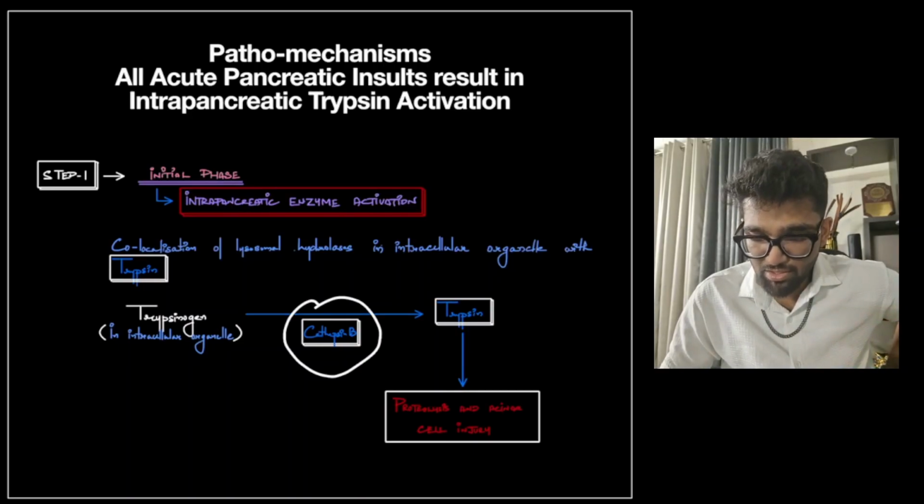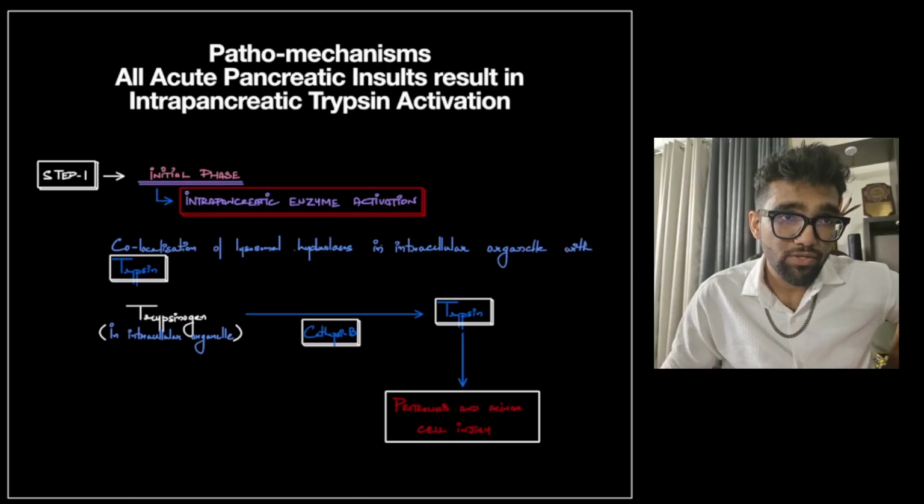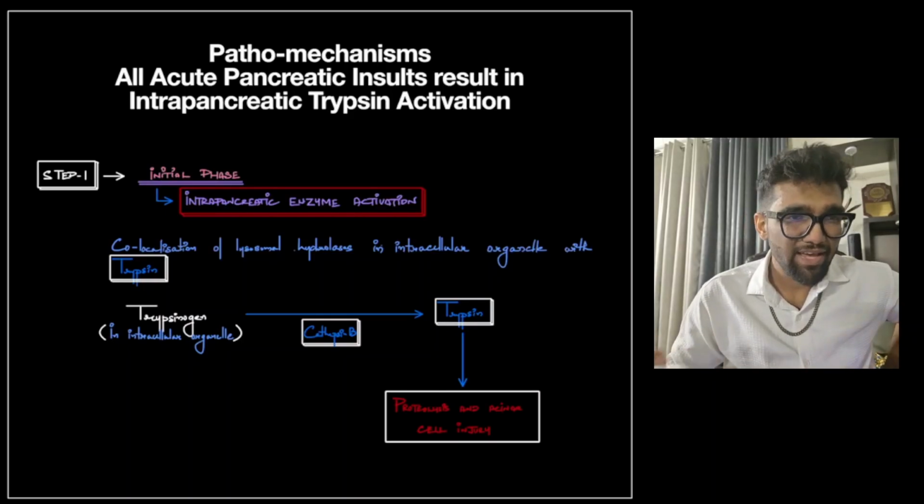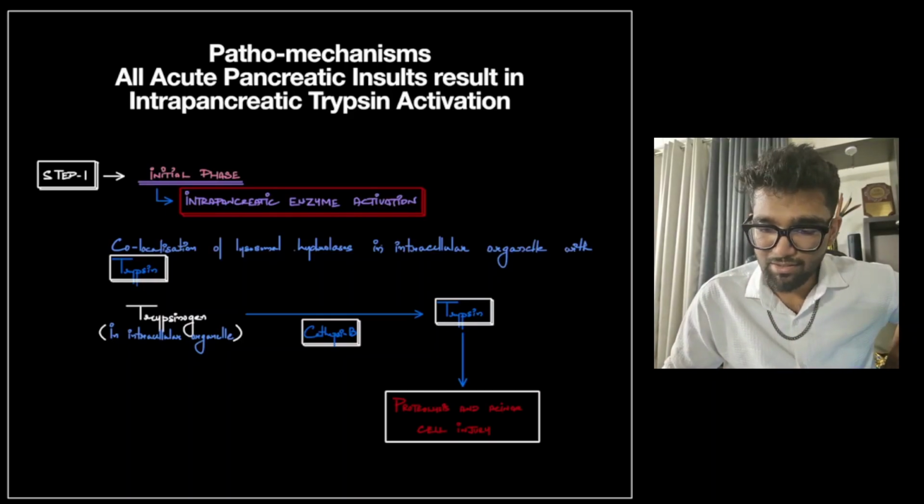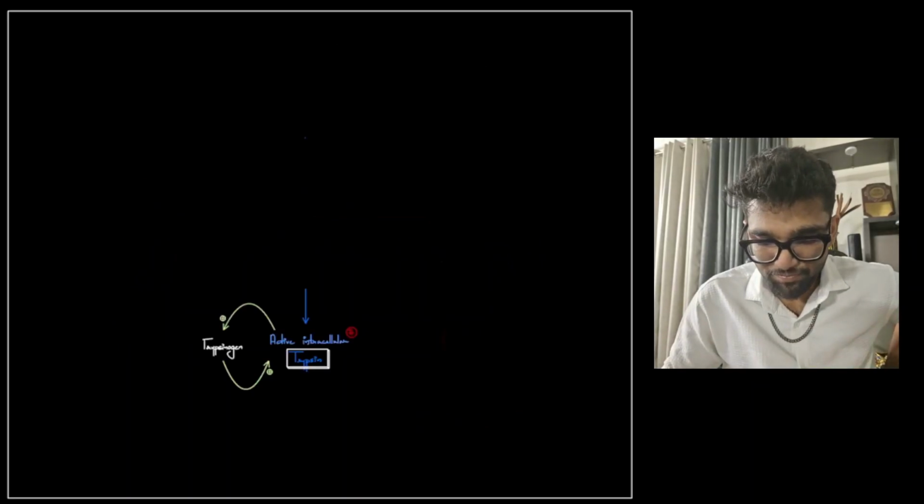So this is the common mechanism behind all sorts of acute pancreatitis, and this is why I like to think of the pancreas as essentially a powder keg, ready to catch fire.